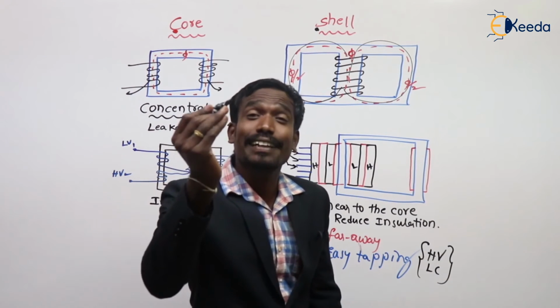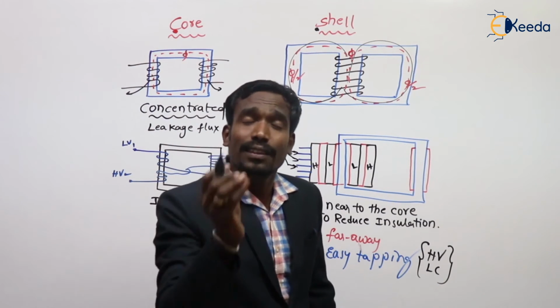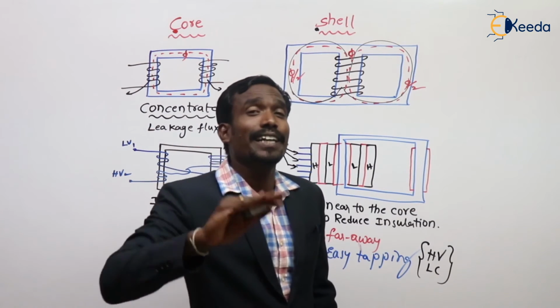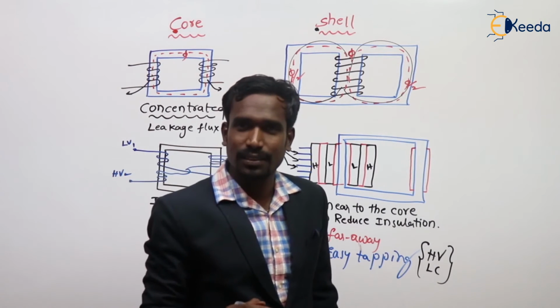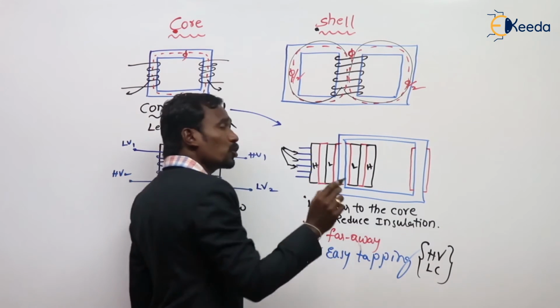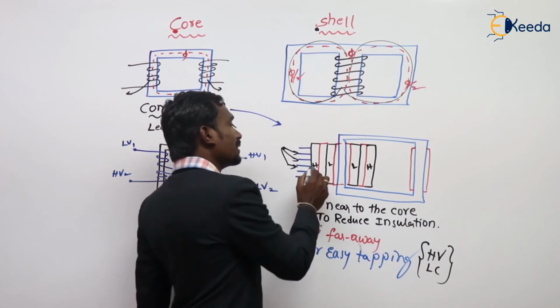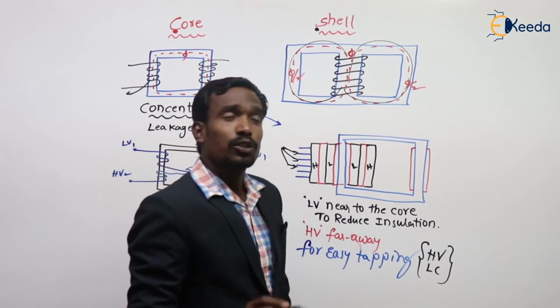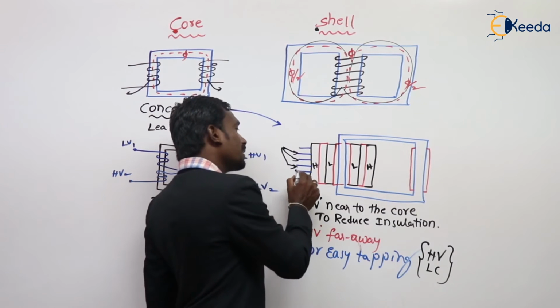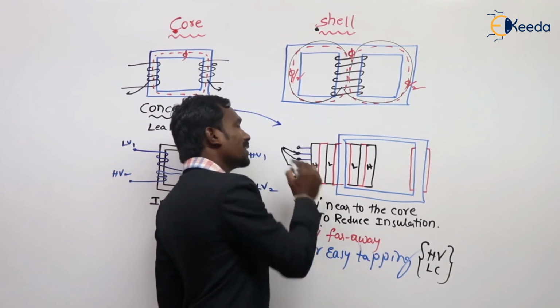If the current is minimum, then with fewer sparks we can change the tappings. On which side is the current minimum? On the HV side the current is minimum. So we have to take these tappings on the HV side.